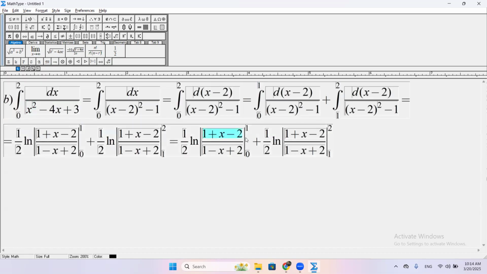So if I substitute 1, so x minus 1. And here 3 minus x. I can also remove this module here.